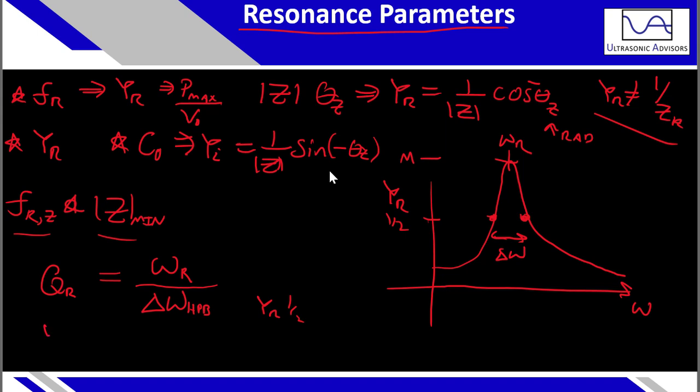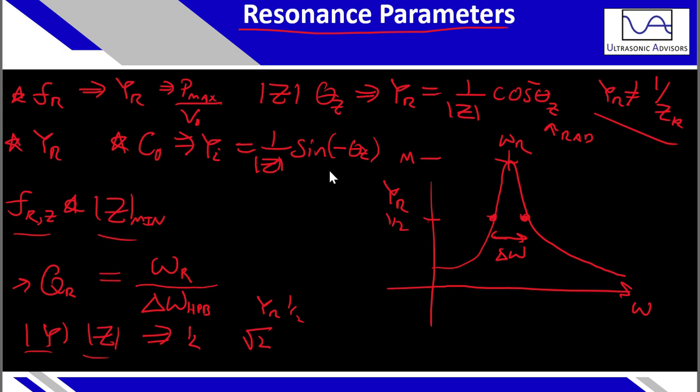You can also use absolute admittance and the peak of that to determine quality factor, or the absolute value of impedance, but this always works. First of all, they're all based off the same theory, but this always works. And there are times when these do not work to use, and you also have to use this. You don't use a half factor; you use a square root of 2 factor.